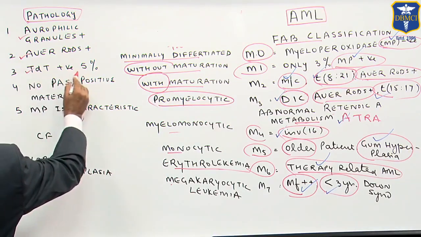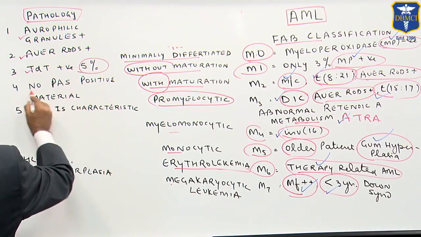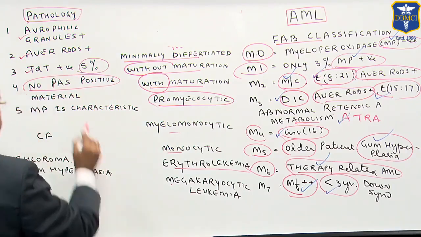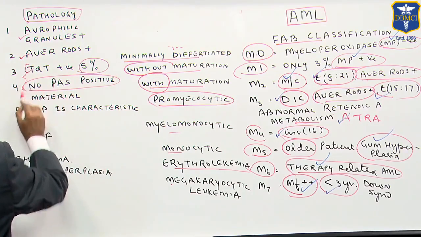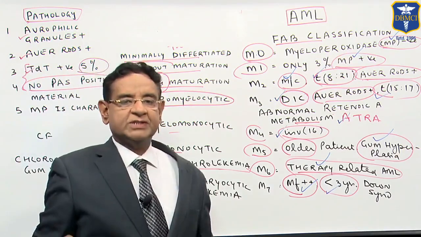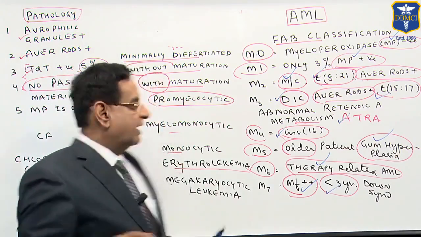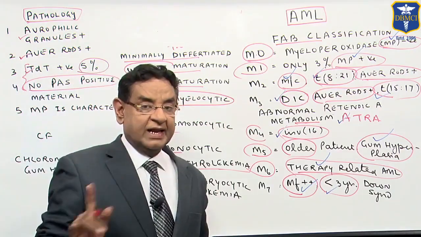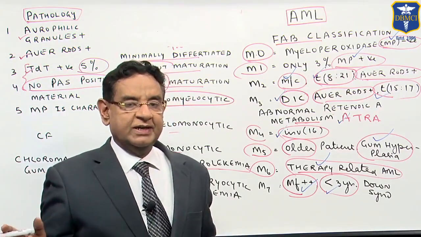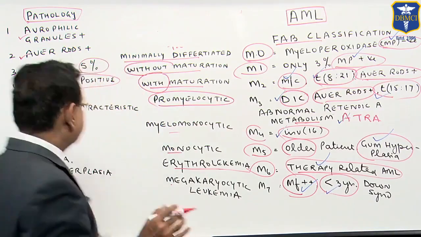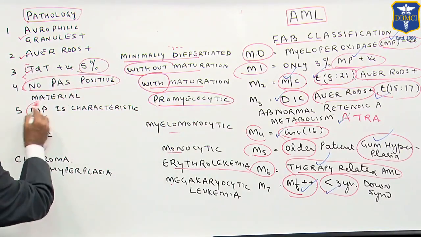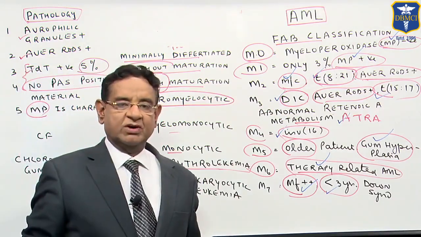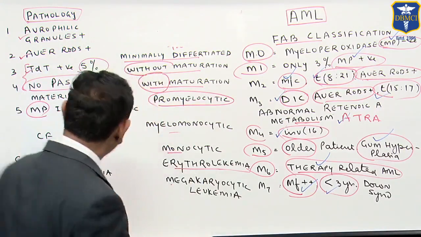TdT is positive only in 5% and no PAS positive material. Remember, TdT was positive in 95% of cases of ALL, and PAS positive material was seen in ALL, but these two are not seen in AML. And of course, myeloperoxidase staining is characteristic. This I discussed also. MPO is very characteristic of AML.